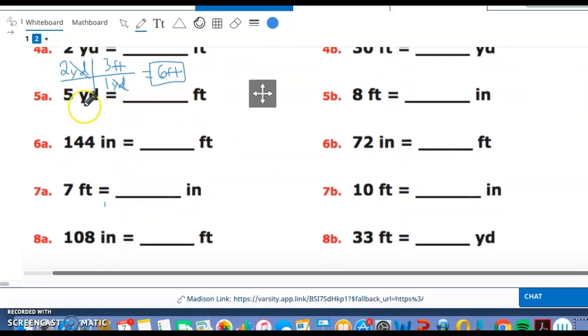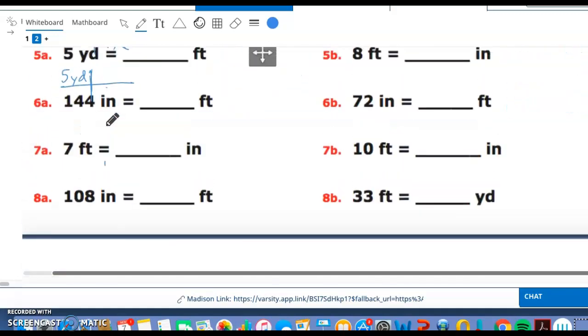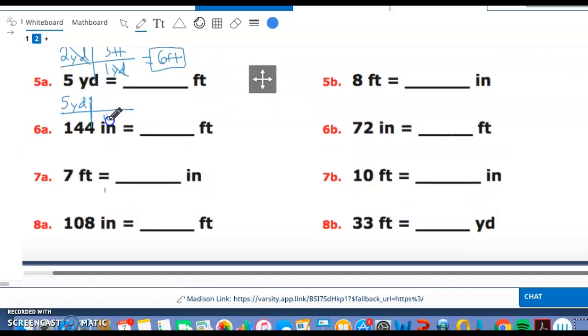Five yards equals feet. I know that there is 1 yard and 3 feet. I know I did that correctly because the yards cross out. The 1 is at the bottom, so I'm going to multiply, 15 feet.